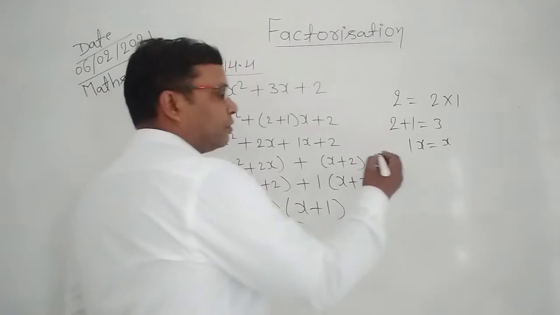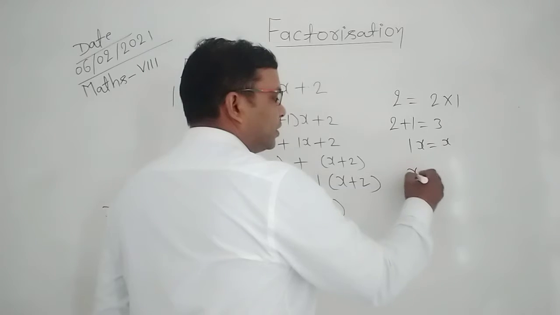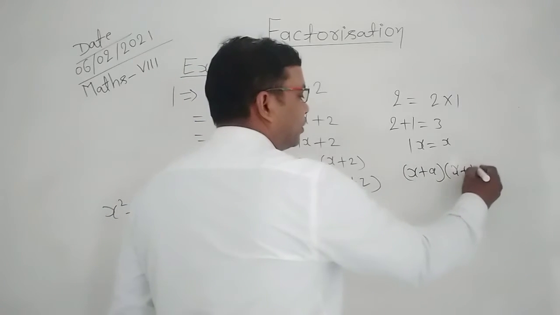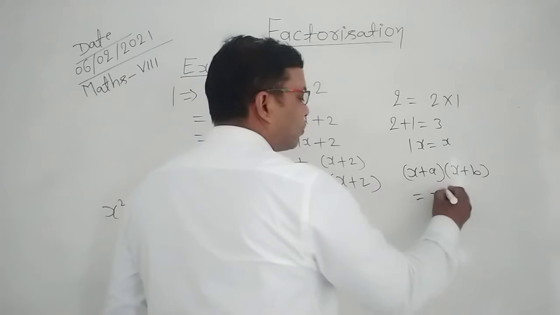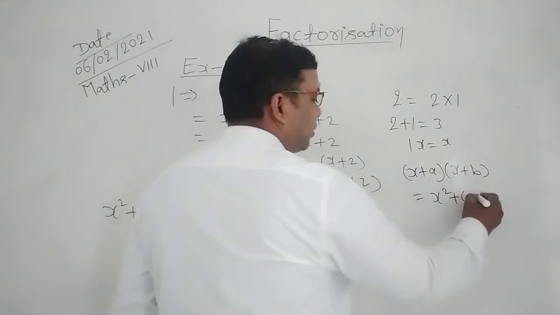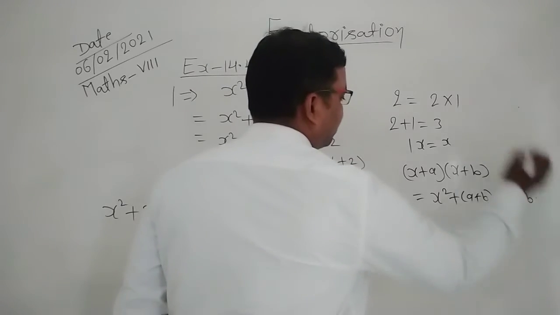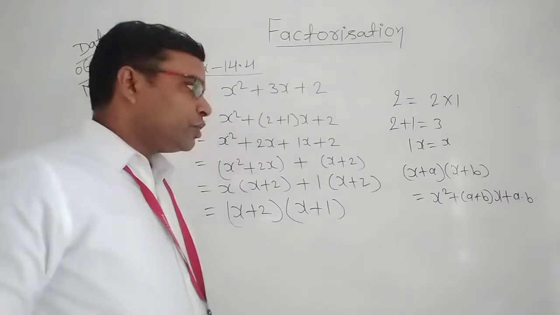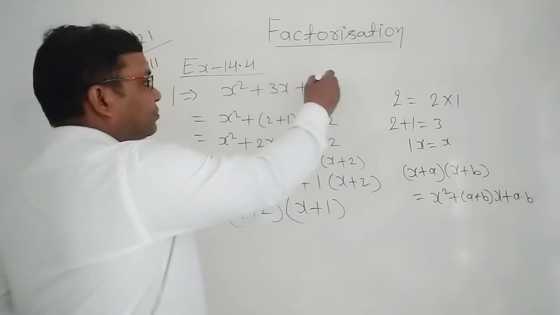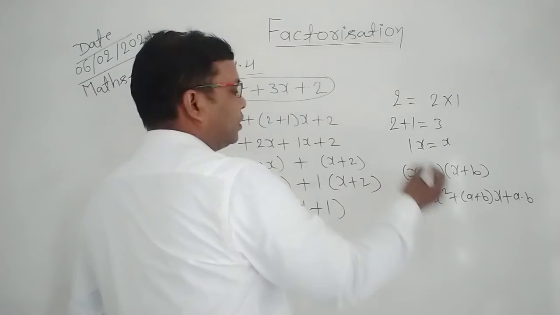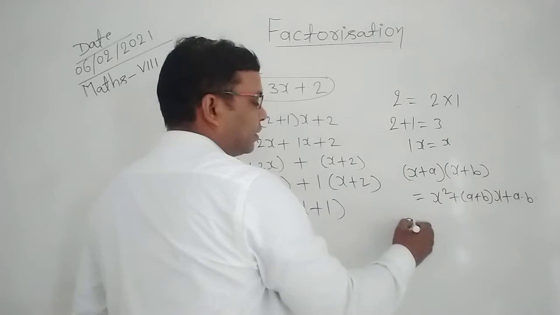So you know very well what the fourth identity is? The fourth identity is that x plus a into x plus b is equal to x square plus a plus b into x plus a into b. This is clear? So students, if you compare this algebraic expression to this identity, then you get a plus b is equal to what?